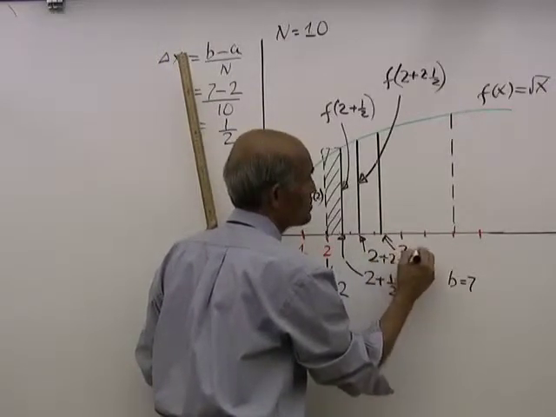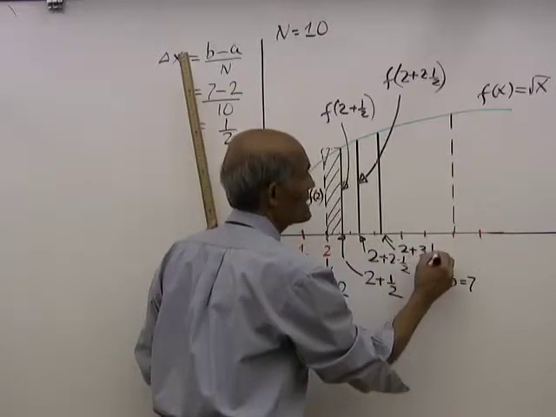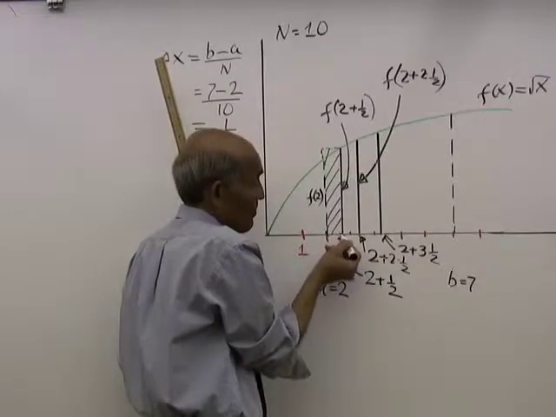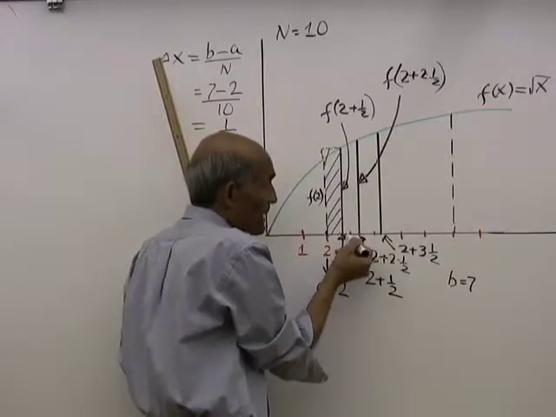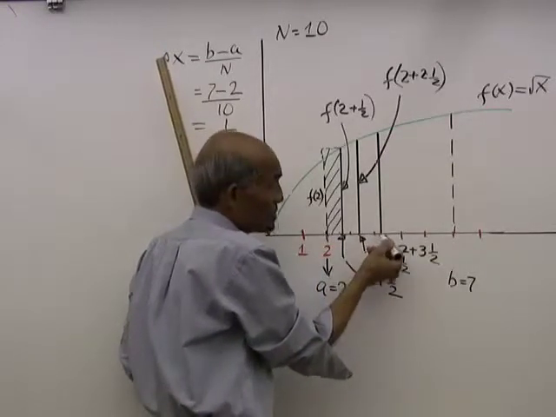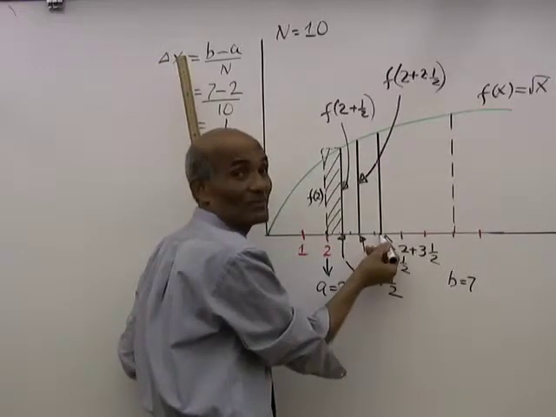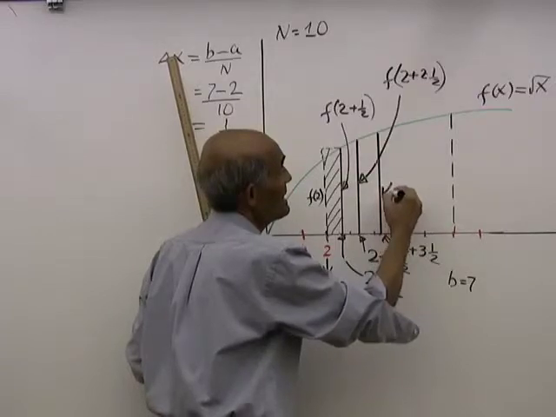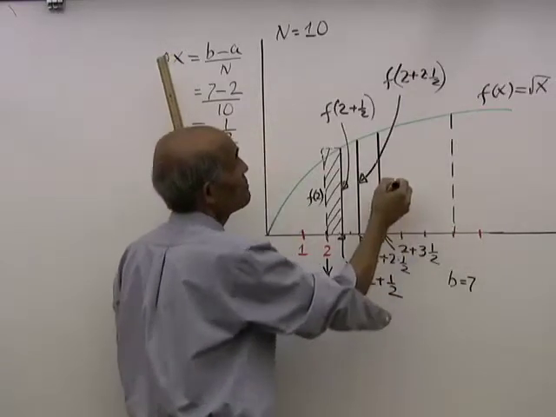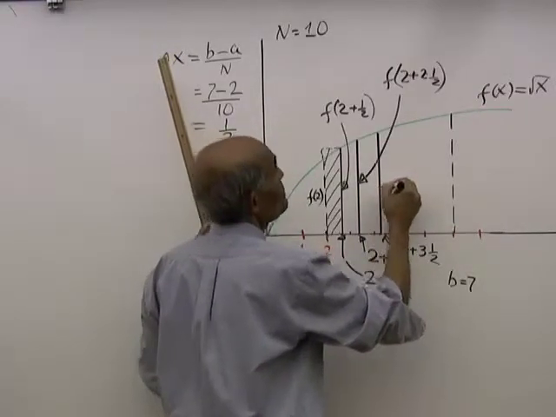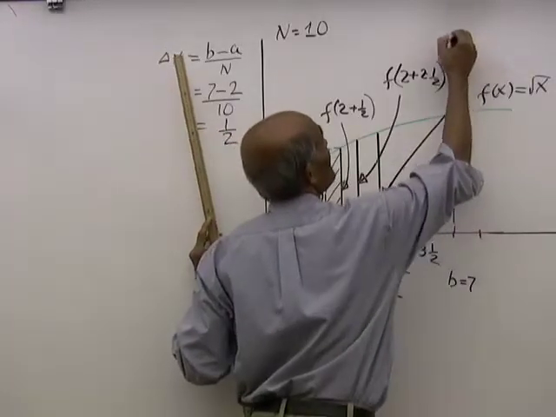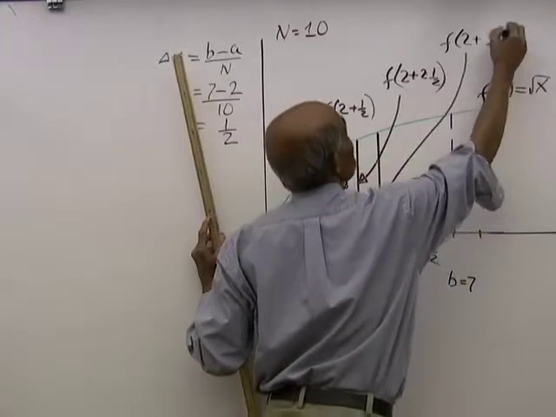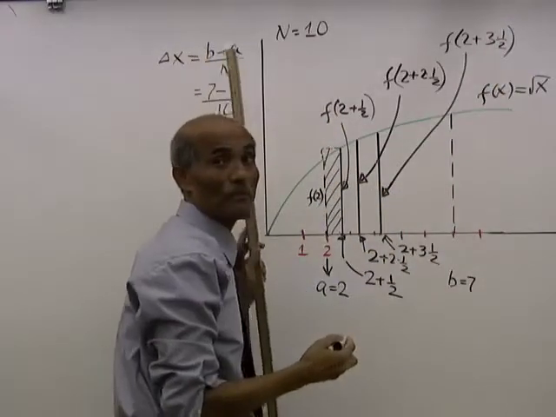That will be 2 plus 3 times 1/2, isn't it? 2 plus 1/2, 2 plus 2 times 1/2, 2 plus 3 times 1/2. And what will this height be? That height will be, if I write it over there, f of 2 plus 3 times 1/2.